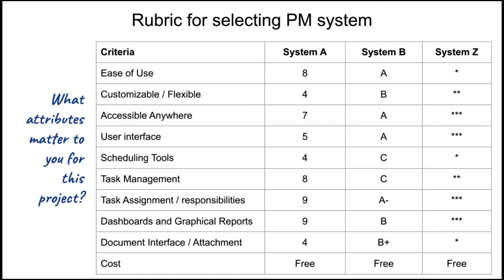But the point is for you to take a look at those, decide what kind of system you want to use, and commit your team to using a project management system, even if it's only to experiment for the next many weeks of this term.